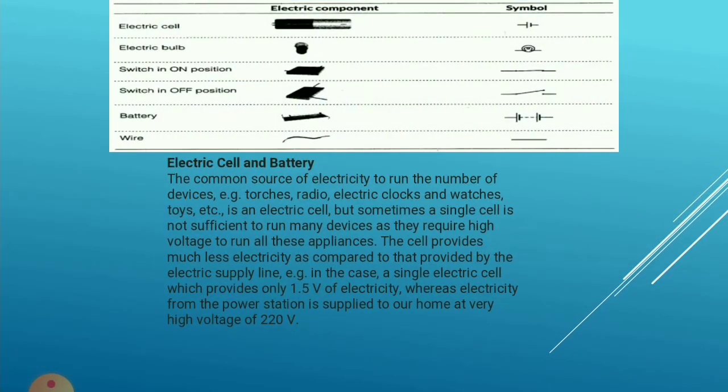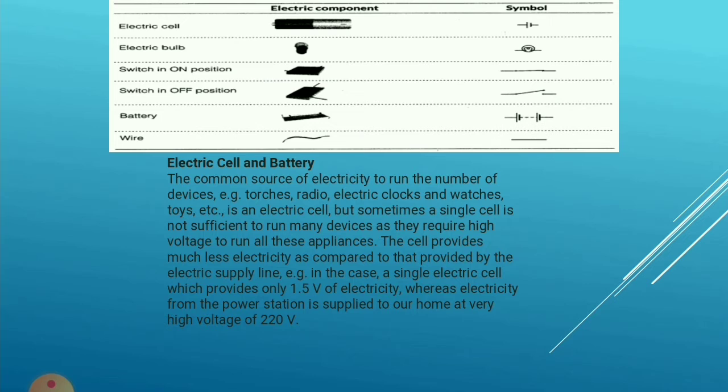Next, let's learn about electric cell and battery. The common source of electricity to run a number of devices, for example torches, radio, electric clocks and watches, toys, etc., is an electric cell. But sometimes a single cell is not sufficient to run many devices as they require high voltage to run all these appliances.